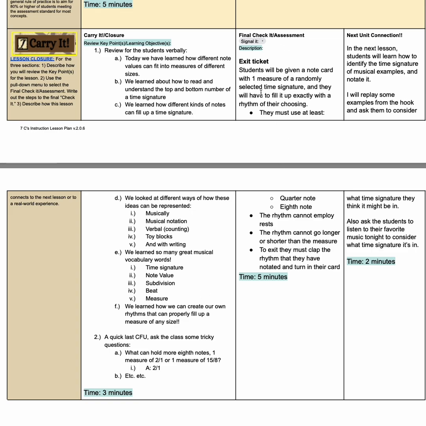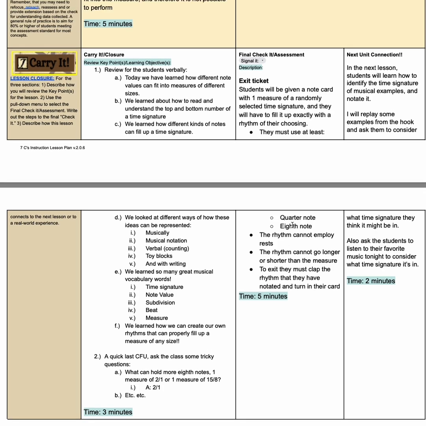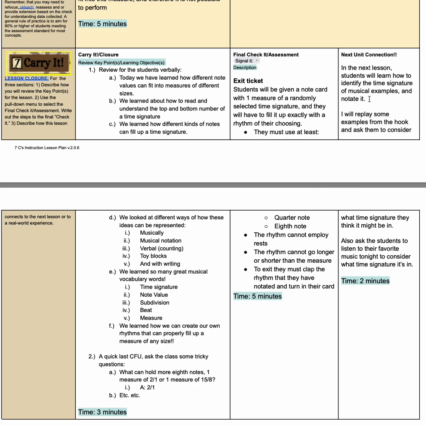The exit ticket, I basically already explained. They're going to be checking their knowledge of what they learned. And then into the next unit, we're going to be talking about teaching them how to hear different kinds of time signatures in musical examples.